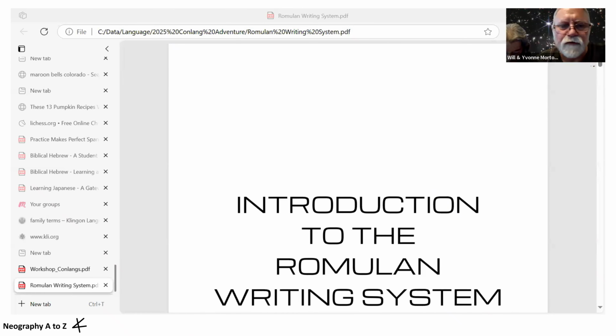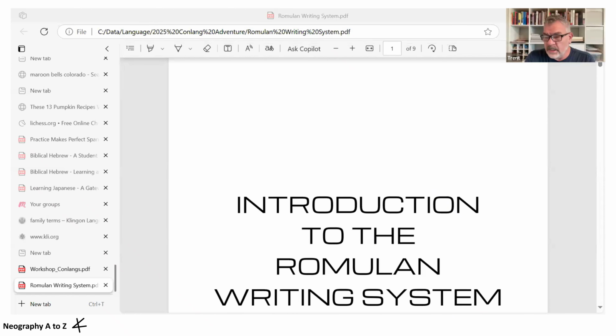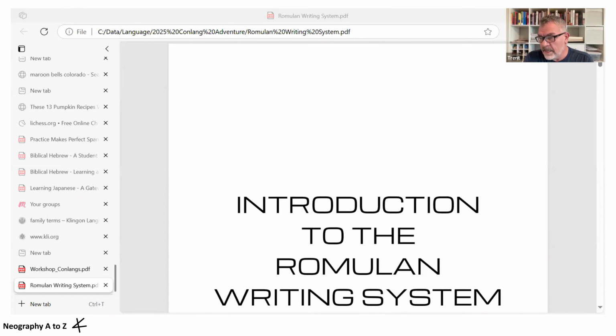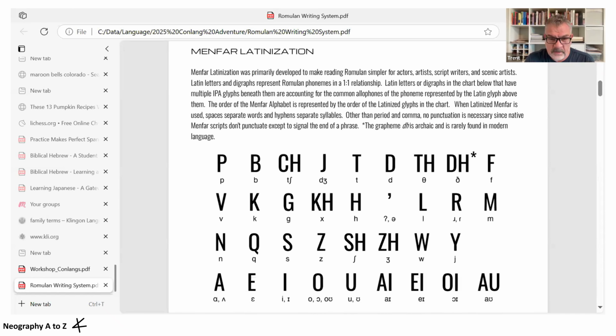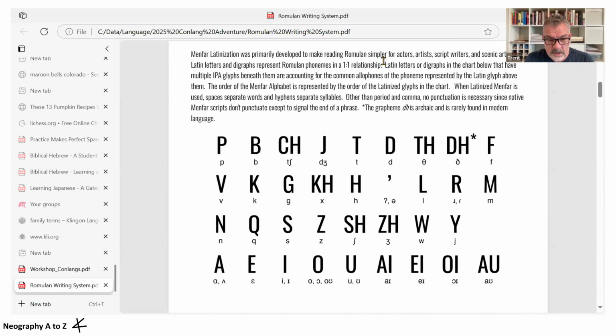Okay, so in the first section, I'm just going to go over the Latinization. The Latinization was developed to make reading Romulan simpler for actors and artists, scriptwriters and scenic artists, and it just assigns Latin letters or digraphs to the phonemes of the language.